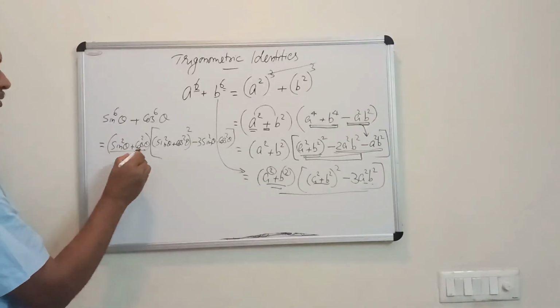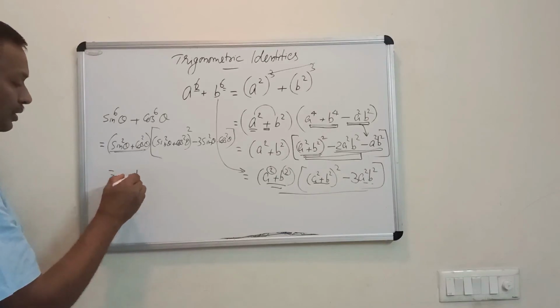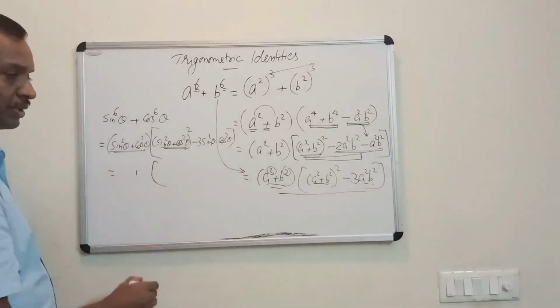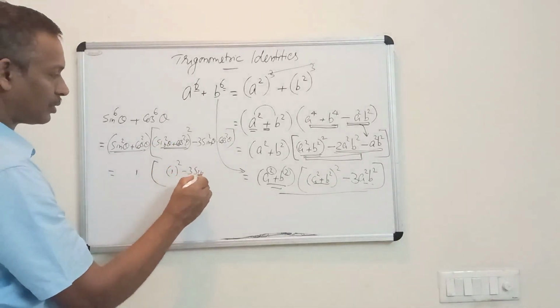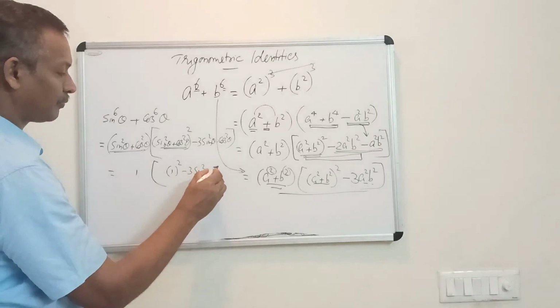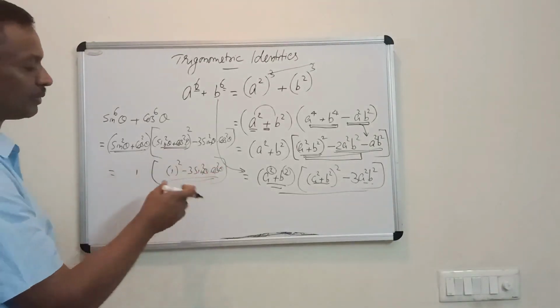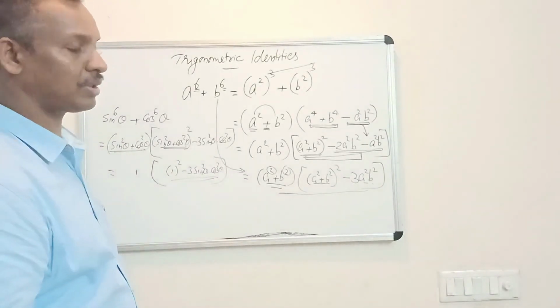And you know what sin square theta plus cos square theta is from trigonometry? Identity, it is 1. And here also sin square theta plus cos square theta, it is 1. 1 square minus 3 sin square theta cos square theta. So this is the result. 1 will multiply this only, you get. So the final answer is 1 minus 3 sin square theta cos square theta.